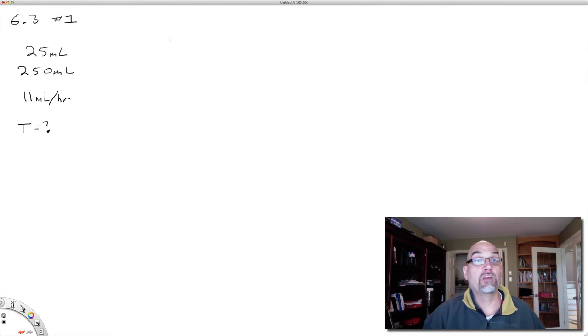So remember, the flow rate is equal to the volume divided by the time was our first formula, and we can move this around and just do some algebra, and I can calculate the time is equal to the volume divided by the rate.